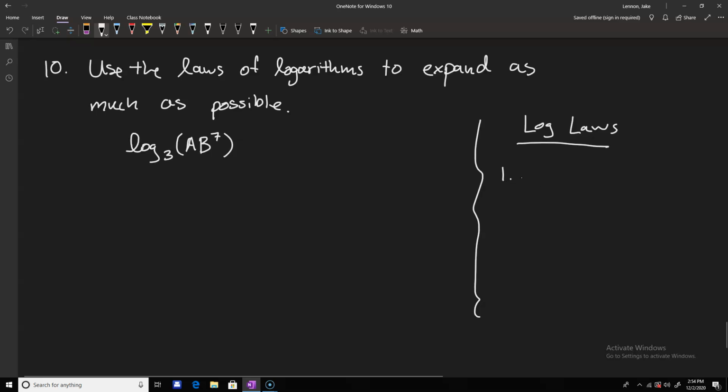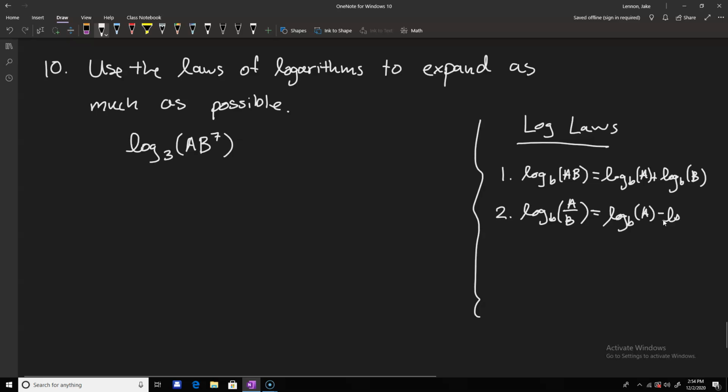So A, if you have, let's say, the log base b of a times b, this can be written as the log base b of a plus the log base b of capital B. If you have subtraction, which doesn't come up in this problem, log base b of, say, a over b, same deal except it's subtraction now, so log base b of a minus the log base b of b.